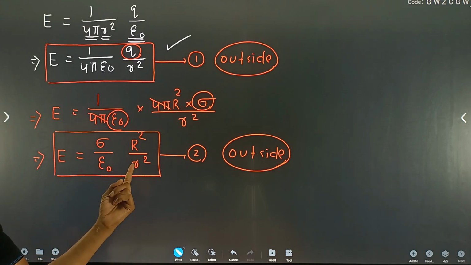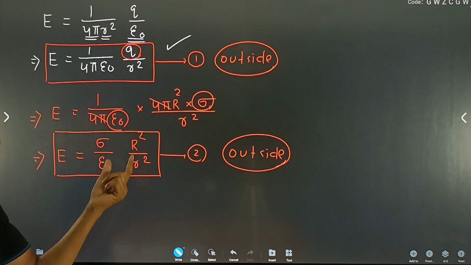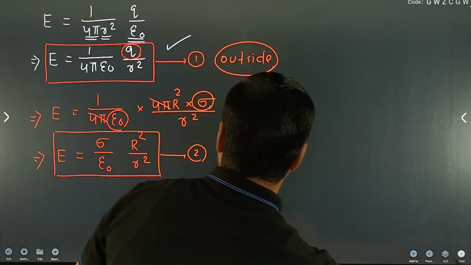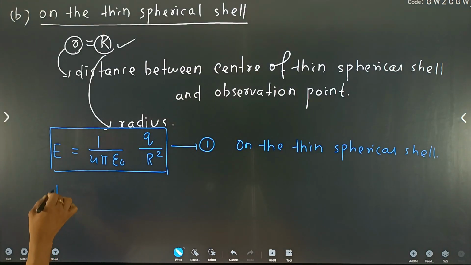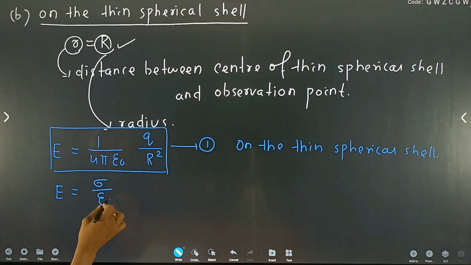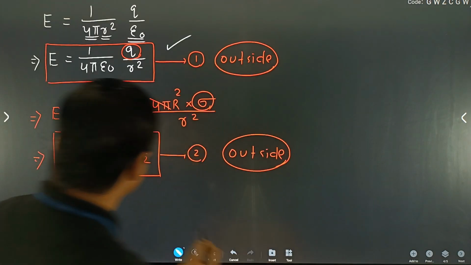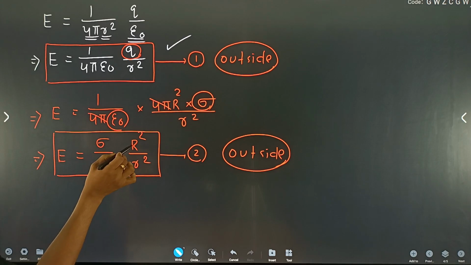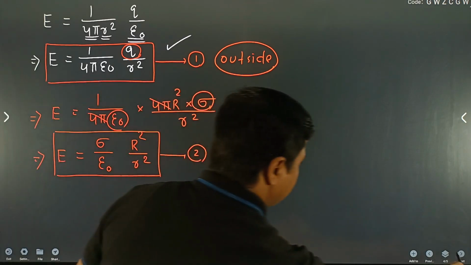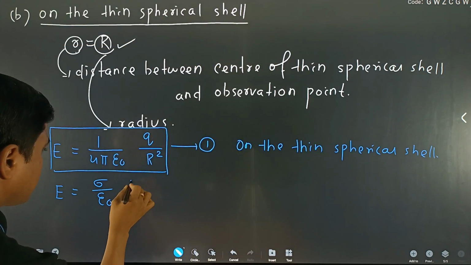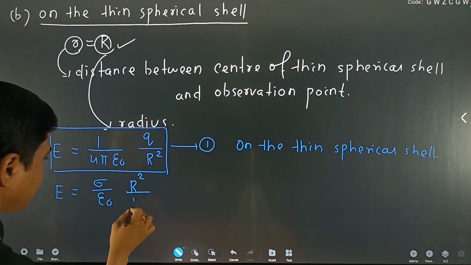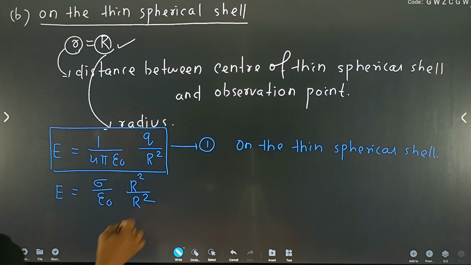Similarly, another expression is the second expression, this one. Here also in place of small r we write capital R, then the expression becomes, we write E is equal to sigma by epsilon 0, capital R square divided by, in place of small r square we also write capital R square.